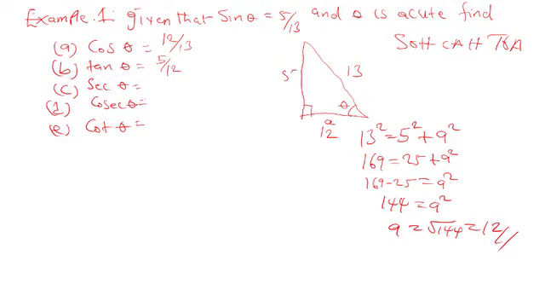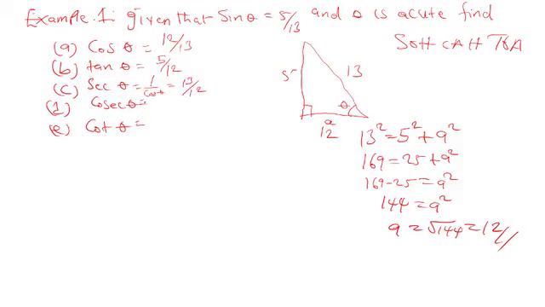Now, what did I tell you again? It was sec theta. Sec theta is equal to 1 over cos theta, and 1 over cos theta will give us the inverse of cos theta. So sec theta is equal to 13 over 12.